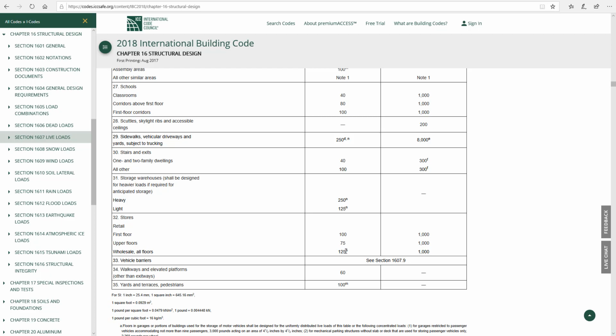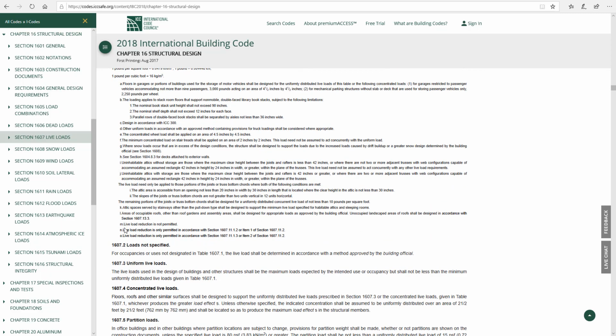And it's important to note here this little footnote N. And you can see that there's this footnote on basically every load that is over 100. So if I scroll down to the footnotes here, it says that live load reduction is only permitted in certain circumstances.